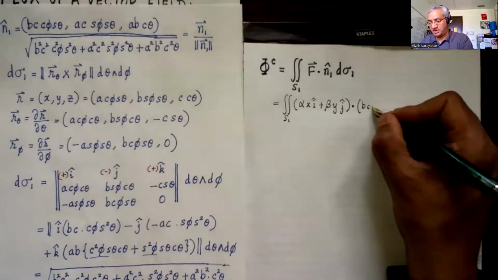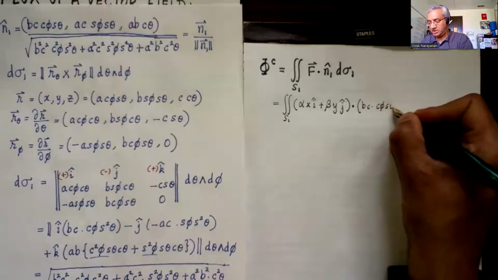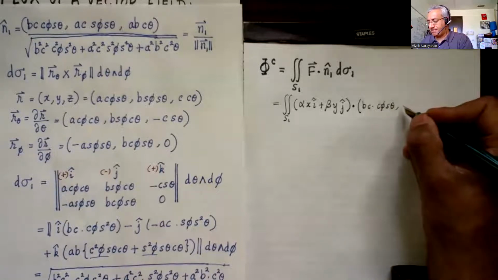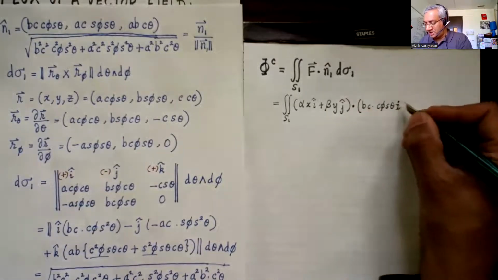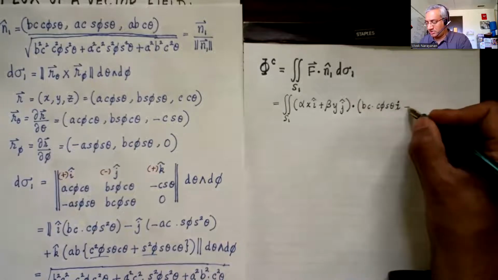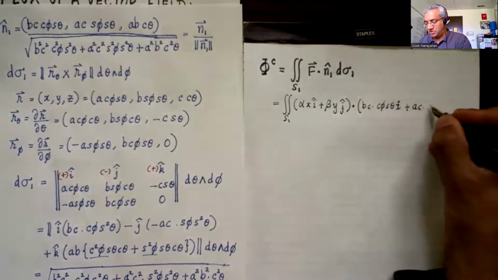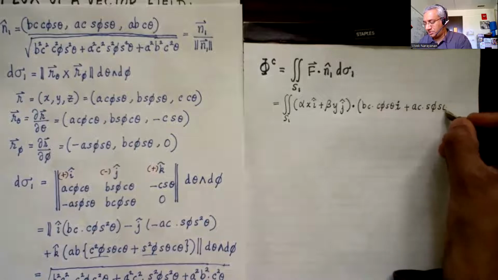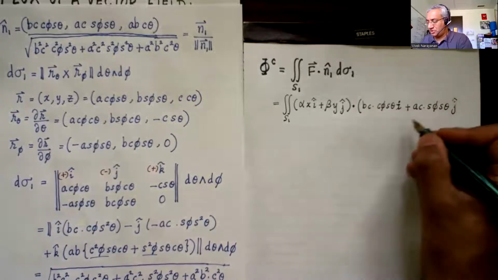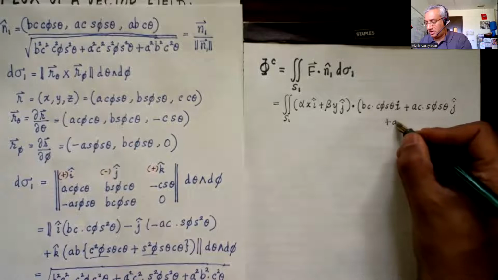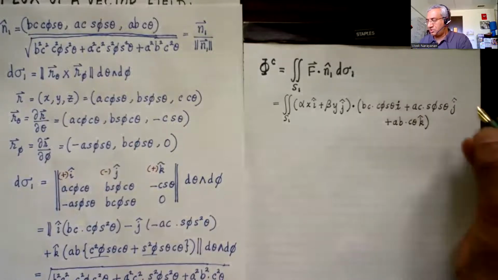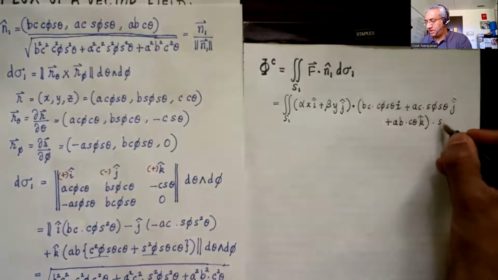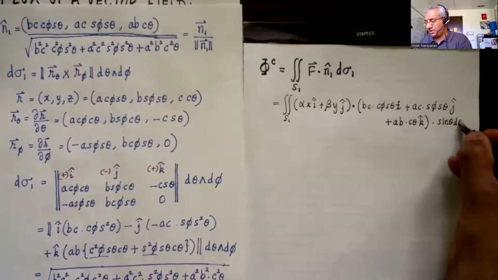BC times cosine phi sine theta, comma. Well, I don't want to use comma now because I've already committed to i hat and j hat. So let me switch to i hat and j hat. i hat plus AC sine phi sine theta j hat plus AB cosine theta k hat times sine theta times d theta d phi.